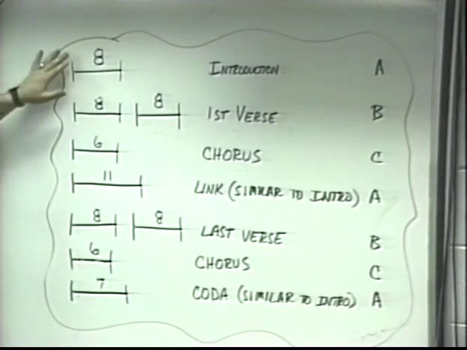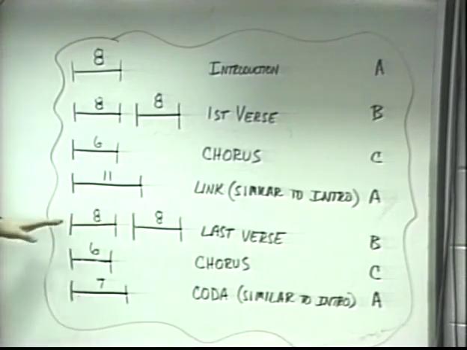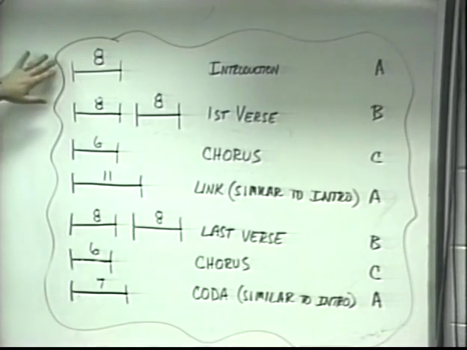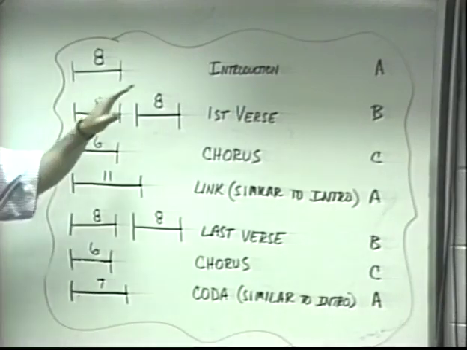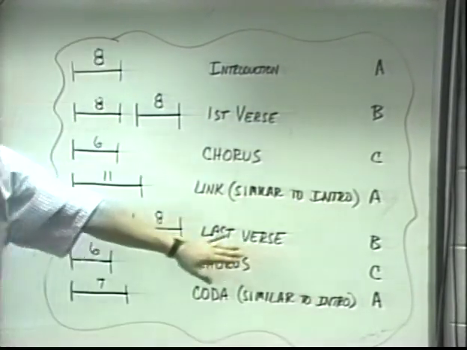And it's the same material as the introduction. Then we're going to call this the last verse of the hymn. And it's, again, 16 bars, followed by the chorus. And then the coda is the same music as in the introduction, very similar to that, and also the link. So if we gave this a form, it could be called A, B, C, A, B, C, A.